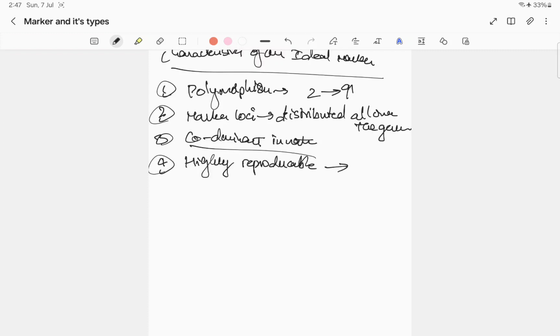For example, if you have taken DNA of any one plant and applied markers to it, the result should be the same in any laboratory or different experiments, whatever the laboratory or place you have taken. The same result should come for both the laboratories.